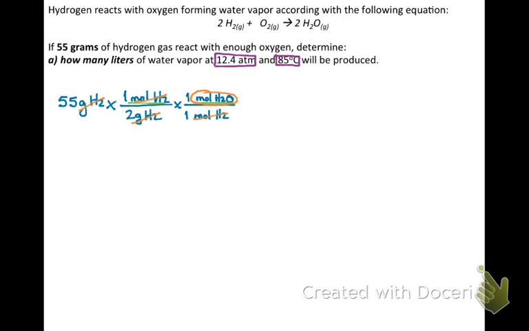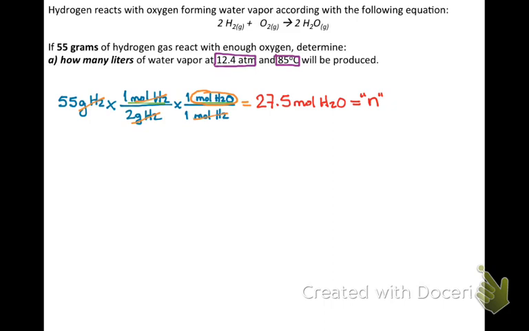And then I have 27.5 moles of water vapor, and this will be your N in the ideal gas formula.